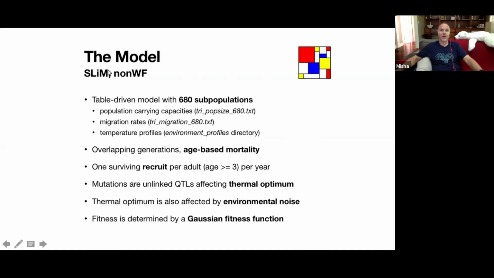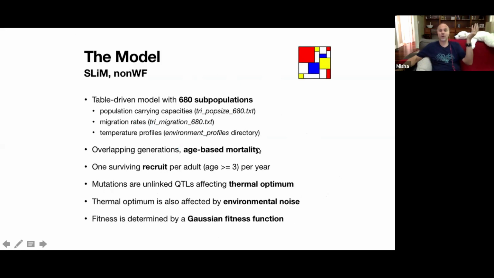I just mentioned that we use the software package called SLiM, and this is the Mondrian icon for this, which is individual-based simulation. We simulate each coral individual separately. It has overlapping generations, age-based mortality, and all good things.